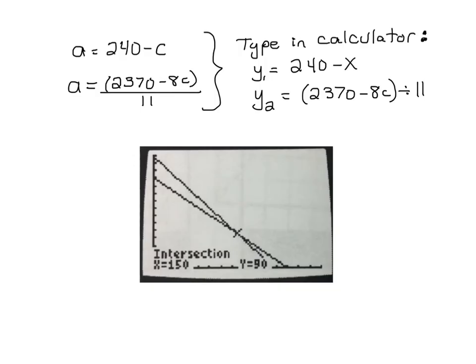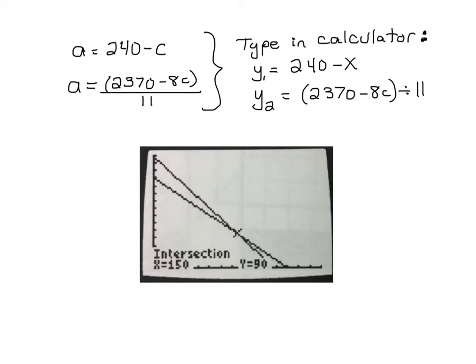So we will take our two equations that we've isolated for A, type them into our calculator using X instead of C, and Y instead of A, and our graphs will look like this. When you find the point of intersection using second trace number 5, you'll find that the intersection is X equals 150 and Y equals 90.